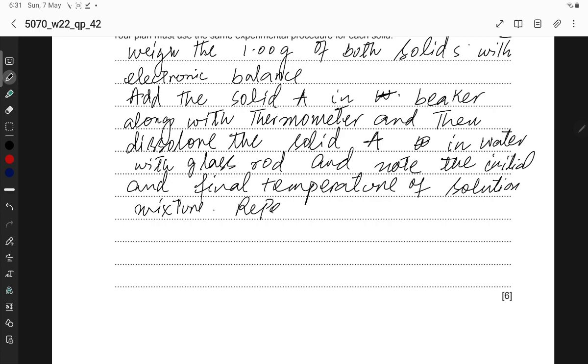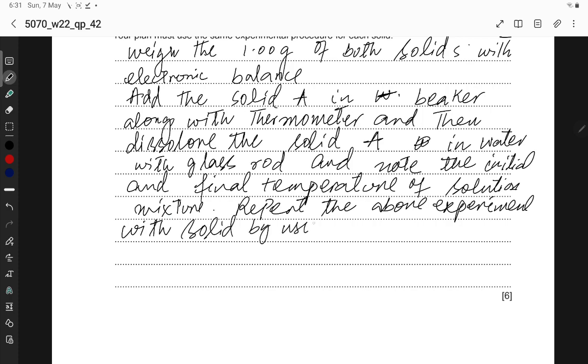Repeat the above experiment with solid B by using the same method.